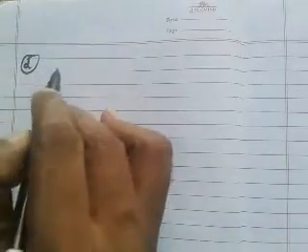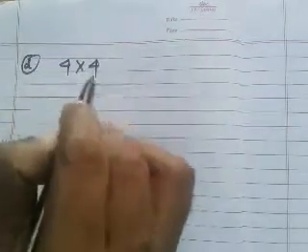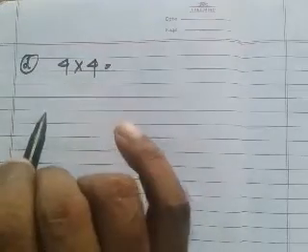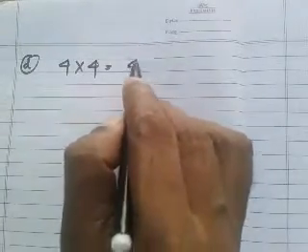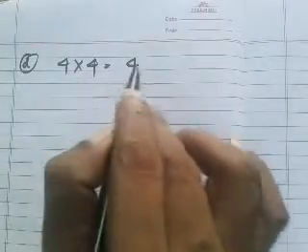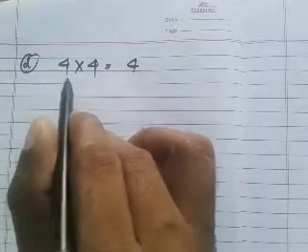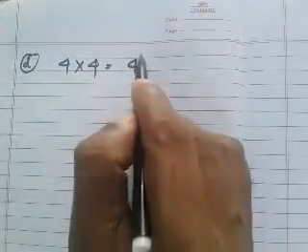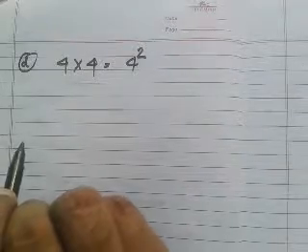Suppose here we have 4 multiply 4. How can we write this number in short form? We can write 4 as the base, and the power is decided by counting how many times 4 is repeated: 1 and 2 times, so its power is 2.